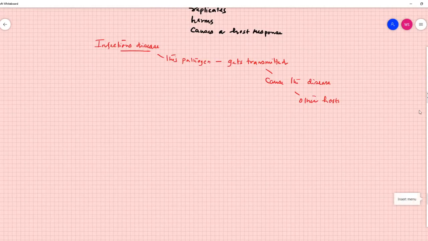So the pathogen itself, when it causes an infectious disease, is called an infectious agent. The definition of what exactly is an infectious agent is given by Koch's postulates.